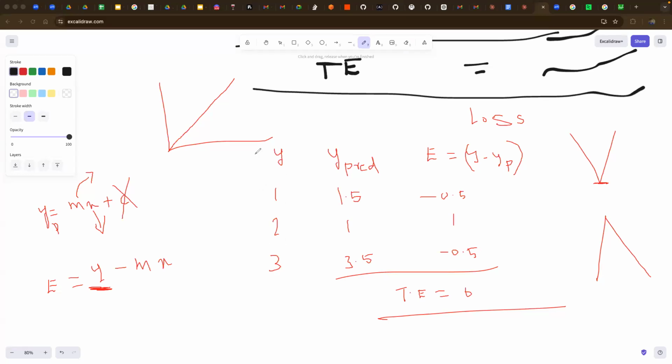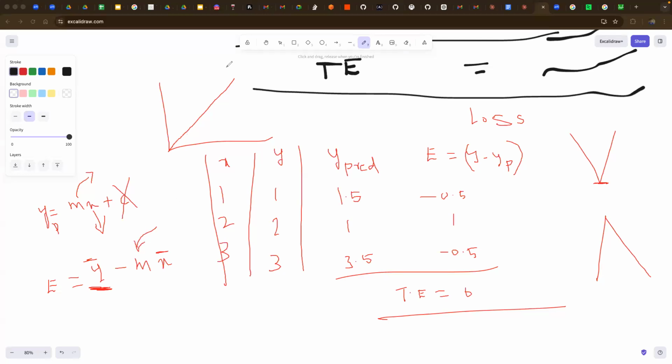It is not changing. It is always fixed, the output variable. And this x value is also fixed, initially 1, 2, 3 or whatever inputs are there. Only the variable is m here.